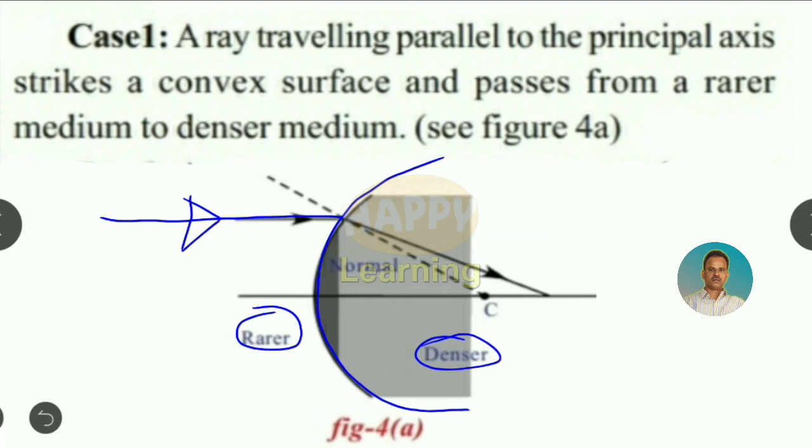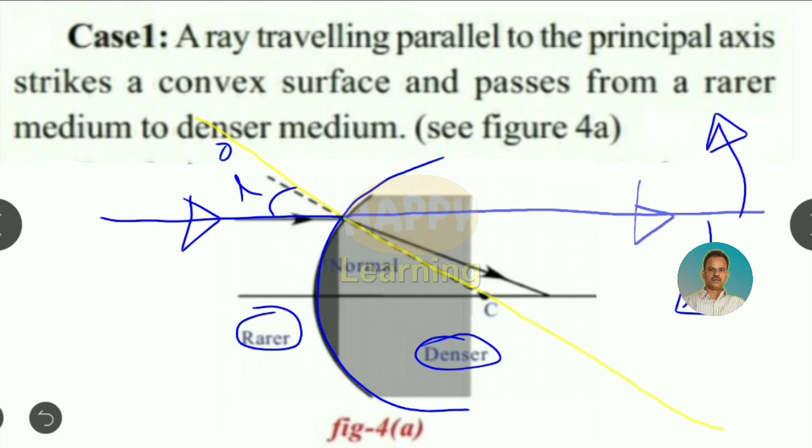At this point, the angle of incidence is i. If there is no change of medium, this would be the direction of the ray. This is the normal.